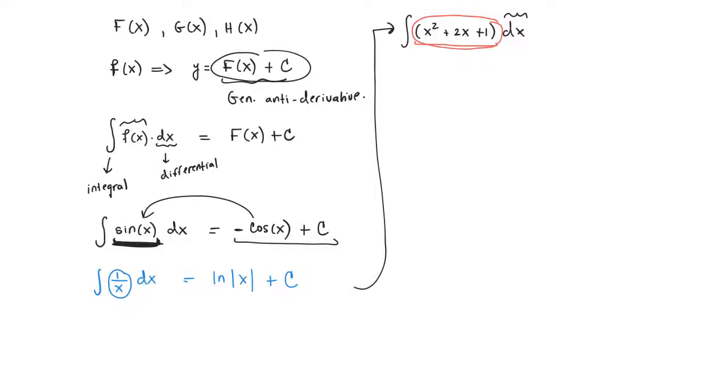And then you can individually find the antiderivative of each function. Same idea as when you were differentiating. So in this case, I can have the integral of x squared dx plus the integral of 2x dx plus the integral of 1 dx.